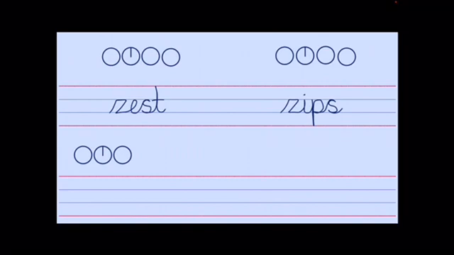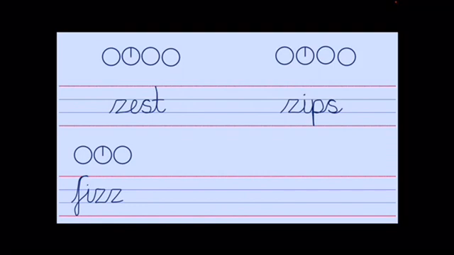The Z sounds the same, but when we write Z at the end of a one-syllable word with a short vowel sound, we double the letter Z. So, F is F, I is I, and Z is double Z. Fizz.